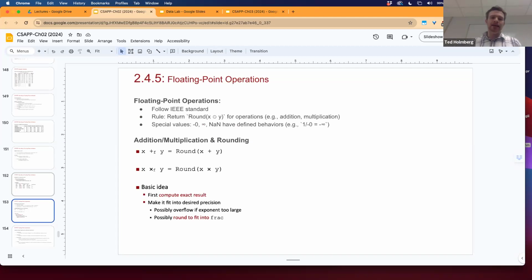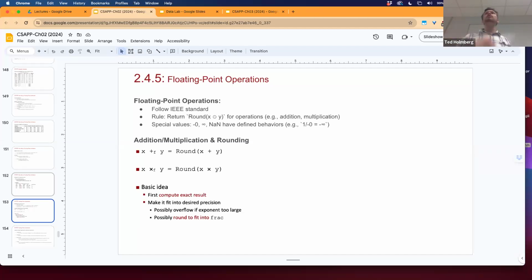So the basic idea here is we would first compute our exact result. And then we can have that exact result mathematically, but based off of your bit sequence, you might not have a representation of it inside of the system.